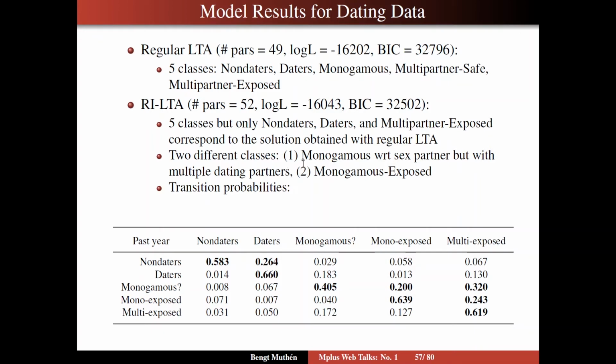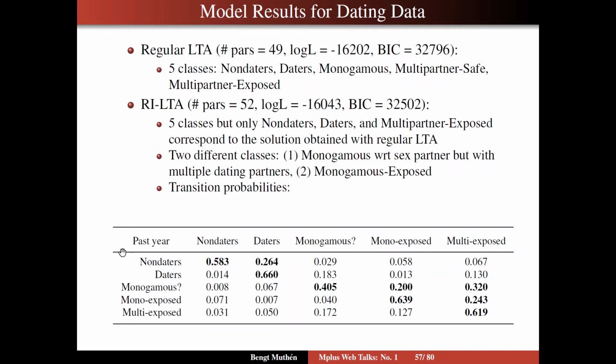One class with individuals who are monogamous with respect to the sex partner, but who has multiple dating partners, whereas for regular LTA, the monogamous person was having 1 sex partner, but also 1 dating partner. And then we find a class that could perhaps best be described as being monogamous, but exposed, that is, exposed to sexually transmitted diseases.